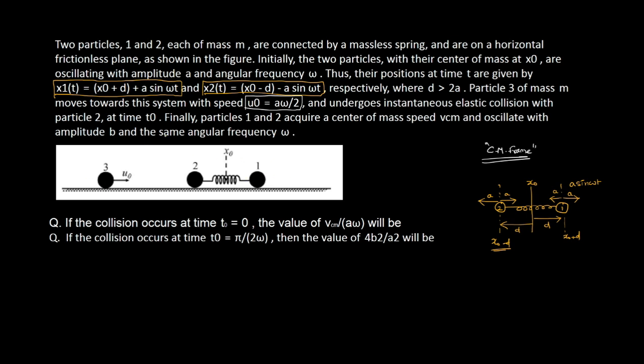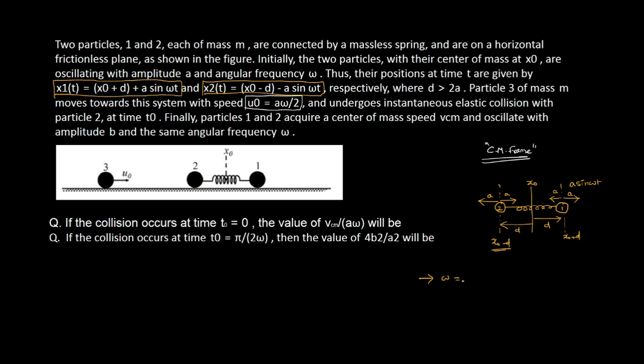Finally, they have given that particles 1 and 2 acquire some center of mass speed and oscillate with amplitude b and the same angular frequency. Obviously, angular frequency depends on k and the mass value. Let us write down the omega value. Whenever two particles are oscillating, it's a two body problem, and we can convert it into a single body problem by using reduced mass.